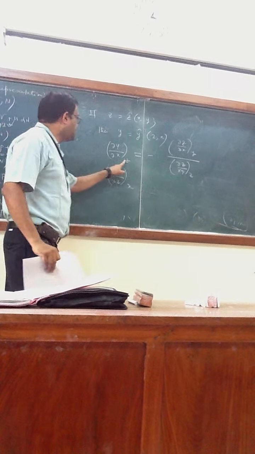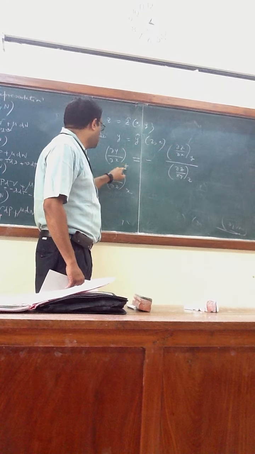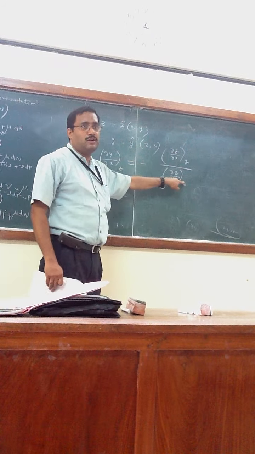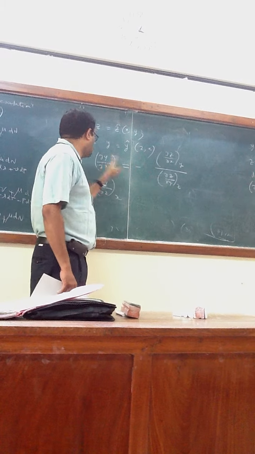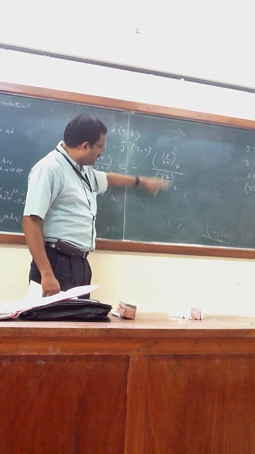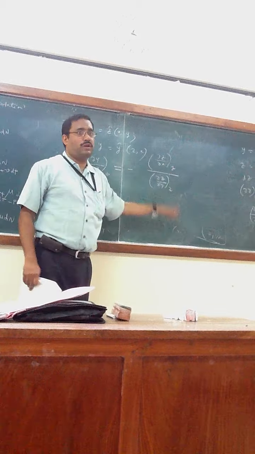How to remember? I don't mug up this formula, there is a way to remember. This z is coming in the numerator, this x is coming at the bottom, y on top means it goes to the bottom of the bottom, and then you put y and x.